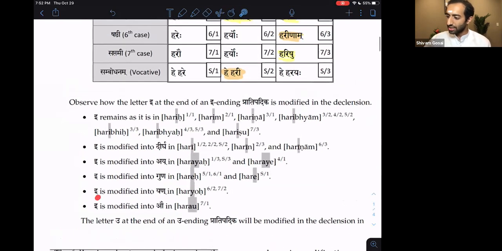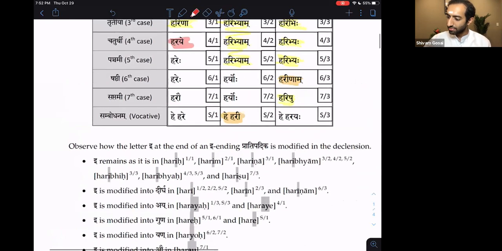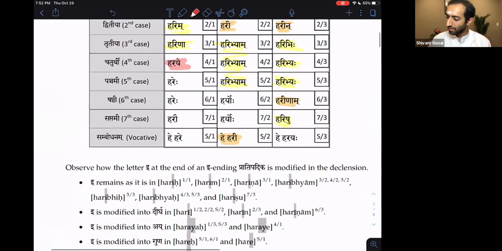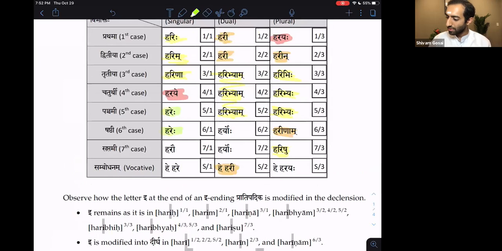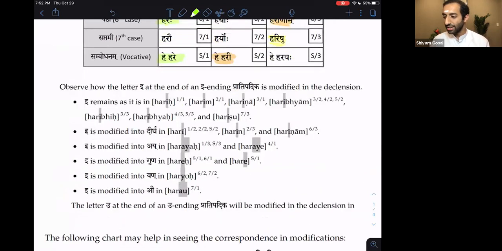E is modified. Then we see that, here, let me just highlight that again. E is modified into yan. We see that here.